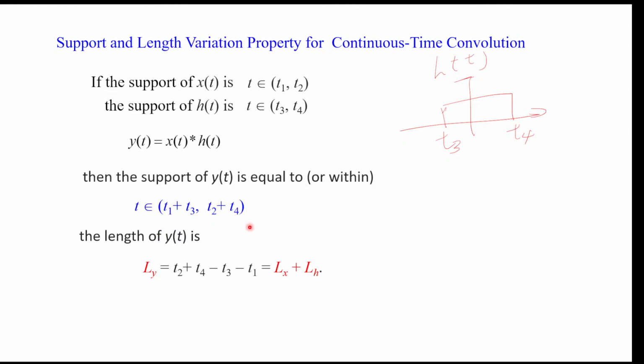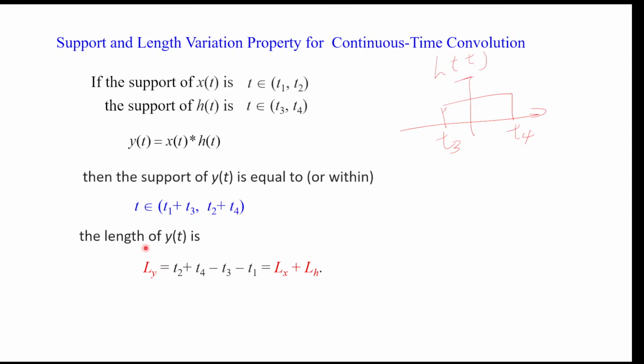So your y of t will be supported on t1 plus t3 to t2 plus t4. So basically the left boundaries add together and the right boundaries add together. The support of x is t1 to t2, the support of h is t3 to t4, then the support of x convolved with h will be t1 plus t3 to t2 plus t4.